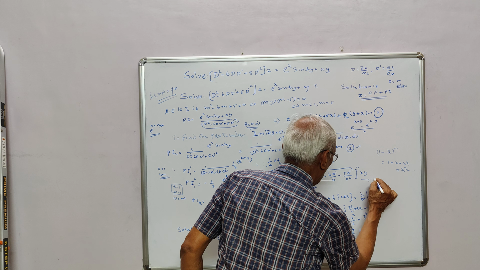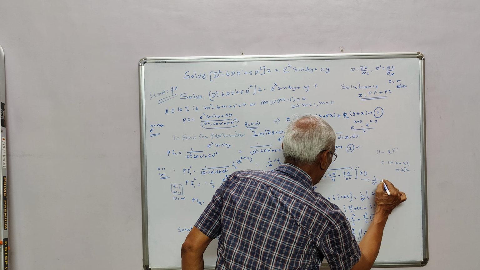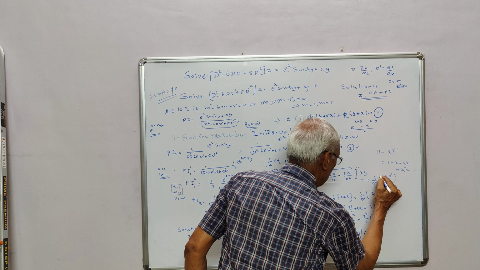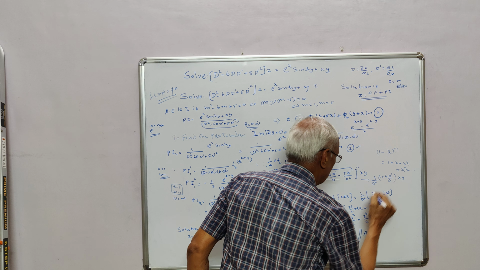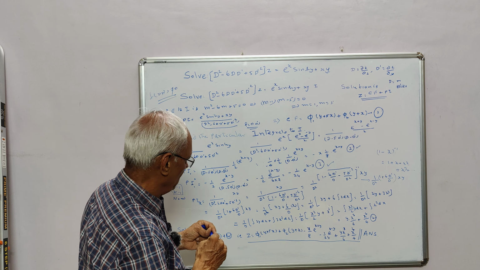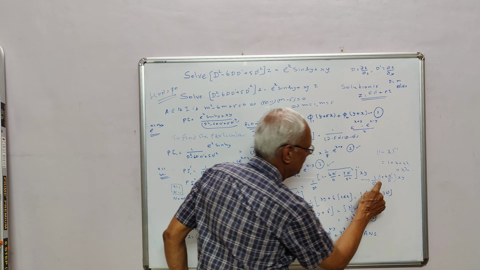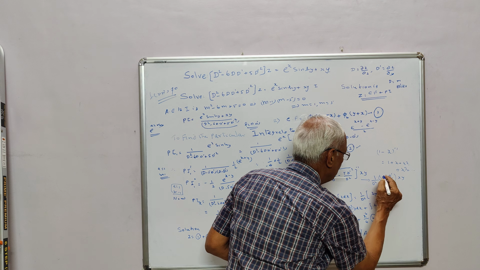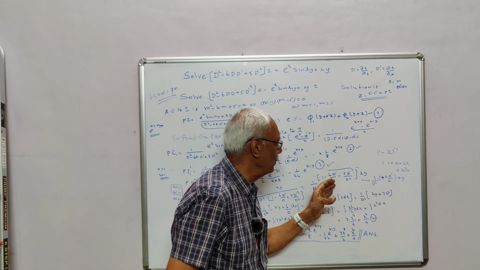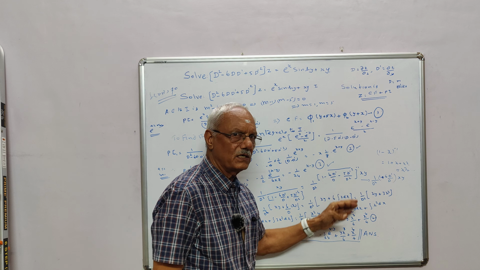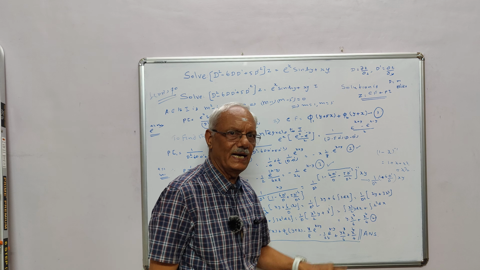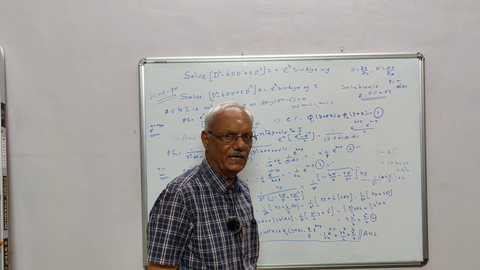So this is nothing but 1 by D squared into 1 plus 6D dash by D. I don't write the other terms for the simple reason that they would become D dash squared and higher powers of D dash.